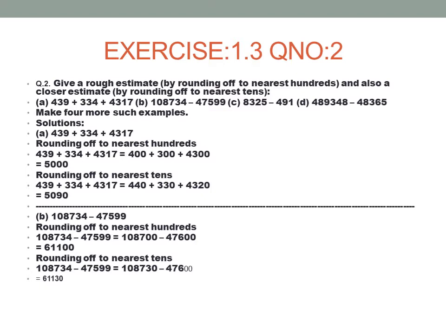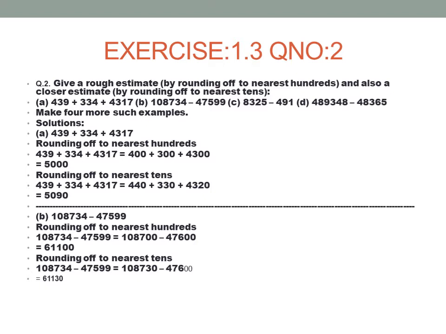439. If you see the number 439, it lies between 400 and 500. But you know that 439 is near to the 400, so it will be round off to the number 400. Similarly, 334 lies between 300 and 400, but as it is near to the 300, we will take up 300 here.